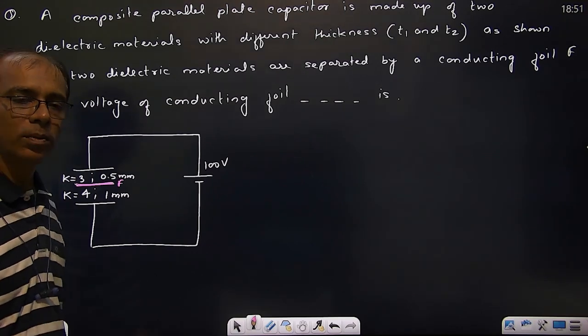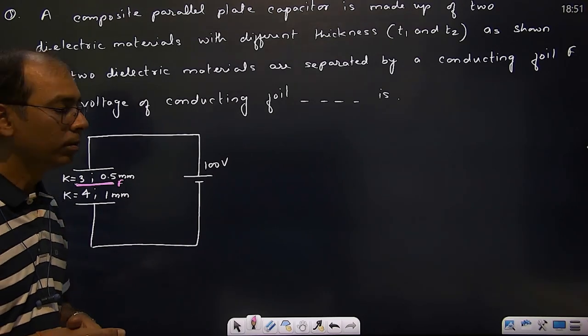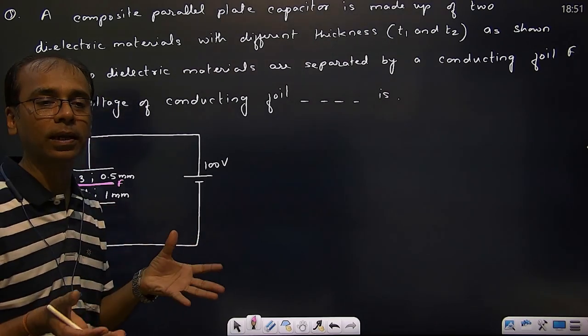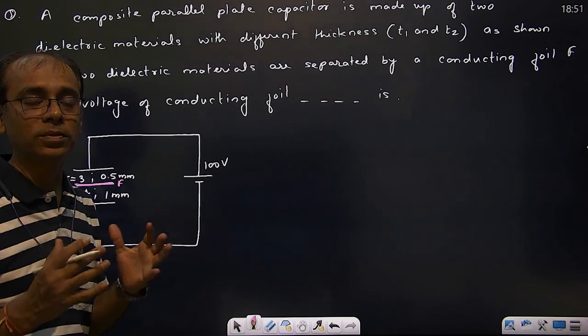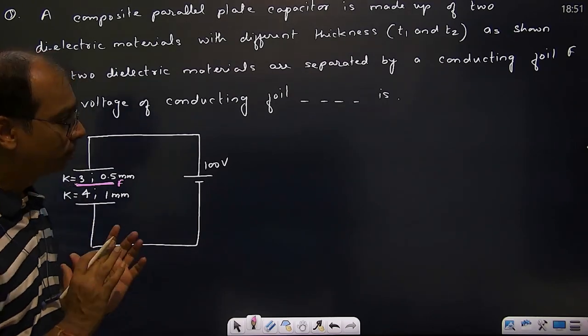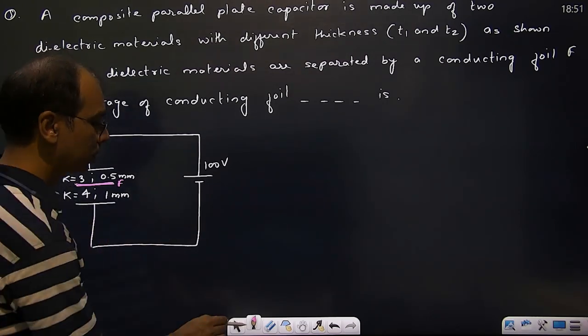Now what I am going to do is redraw that. Why? Because sometimes when we make these capacitors vertical, we are not able to imagine them. So make them in a proper way in which we do understand them.